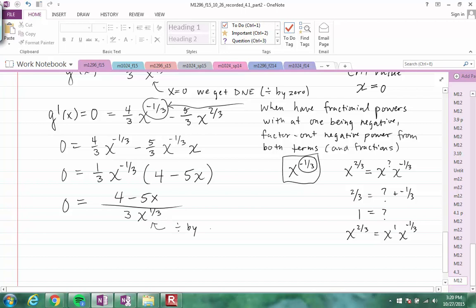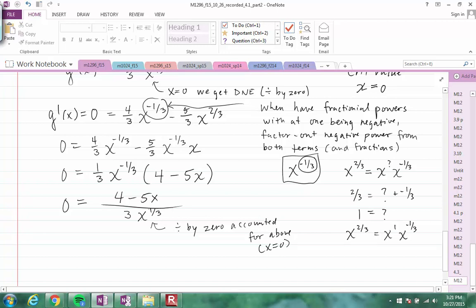But we can see it again here. I'm ignoring the fact that I already set the left-hand side equal to 0. So just note that the division by 0 was accounted for above. We got the x equals 0, it's a critical value.